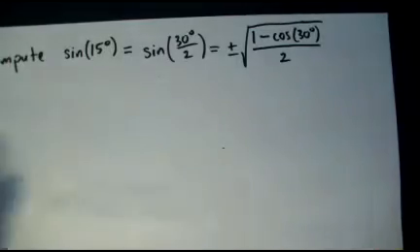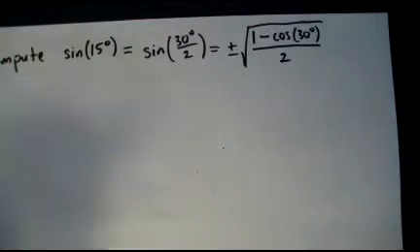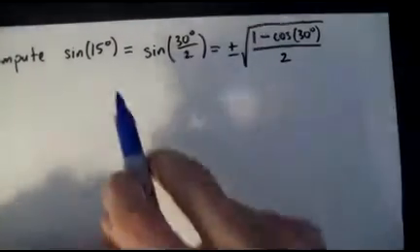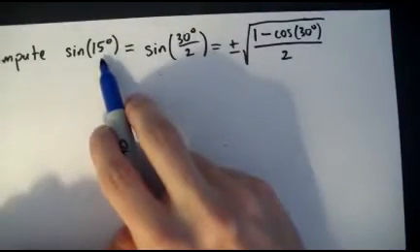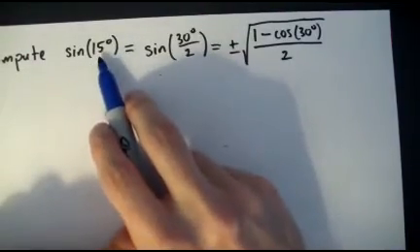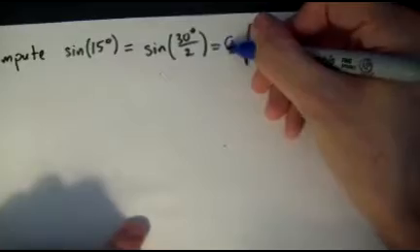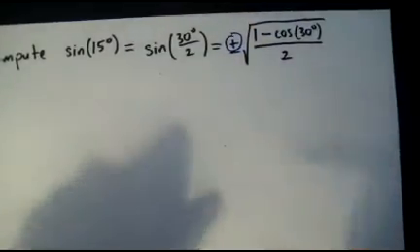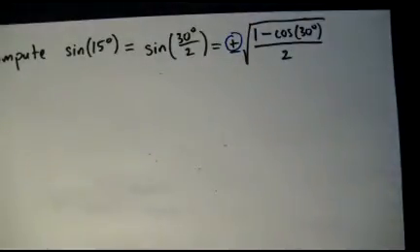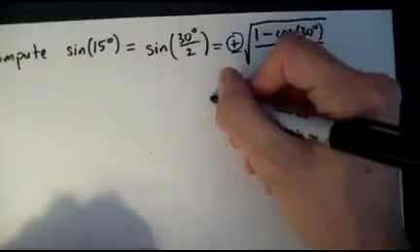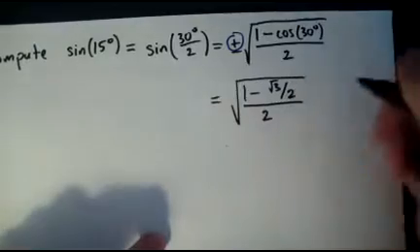And like before, because we know that 15 degrees is in the first quadrant, we know that sine is going to be positive there. And so we're going to take the positive sign from that plus or minus. So we take the positive sign, and what we get then is the square root of 1 minus the square root of 3 over 2 all over 2.